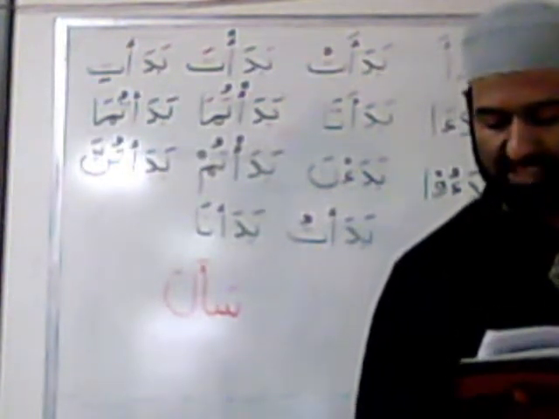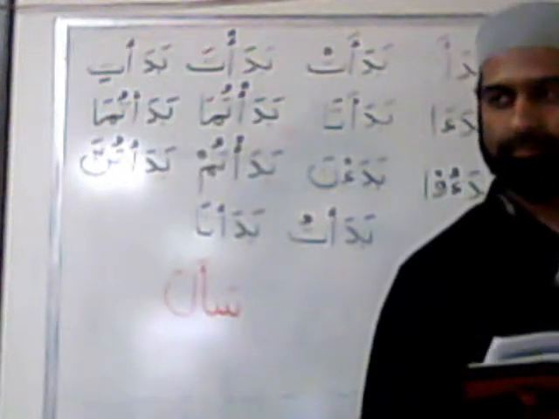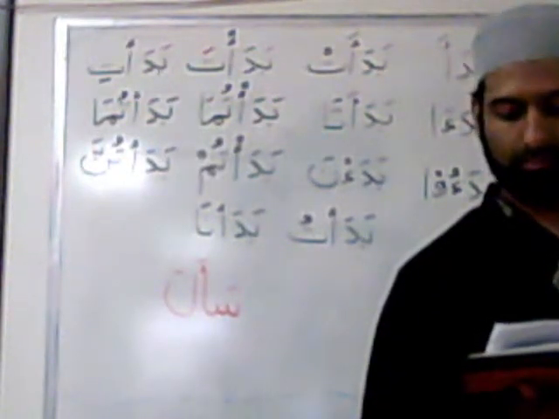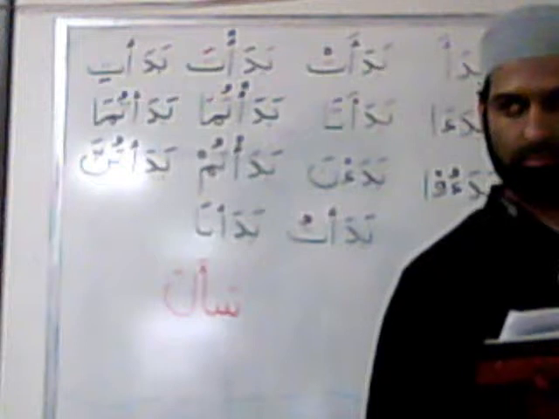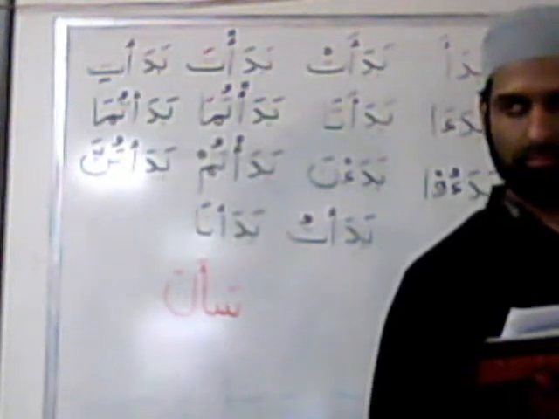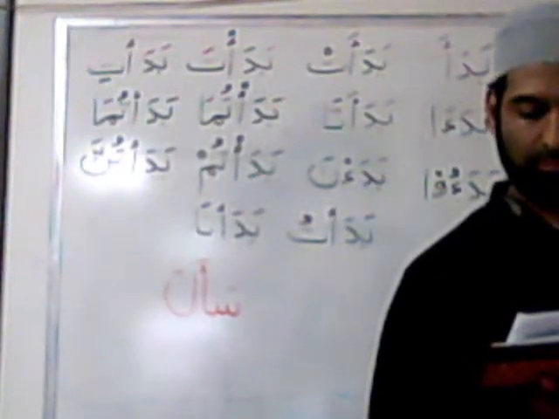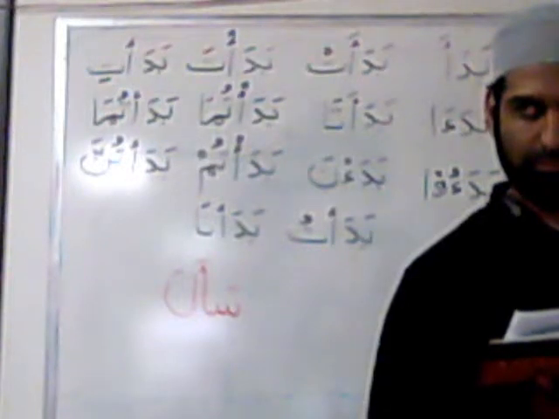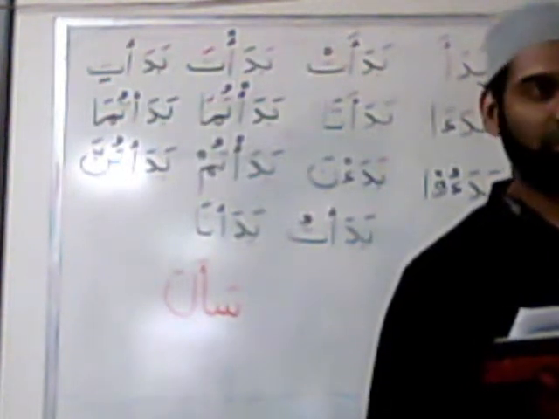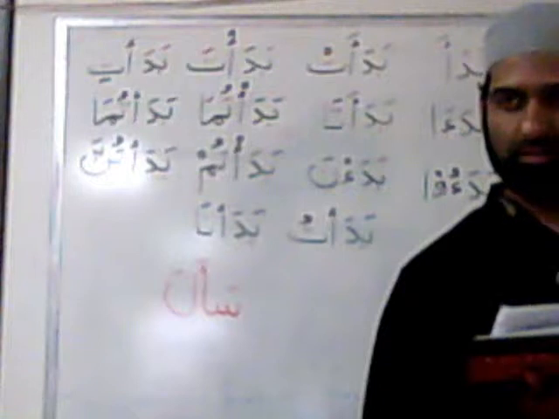Then this cow is for the farmer. هذا البقرة لفلاح. What is it, Sister Aisha? فلاح.